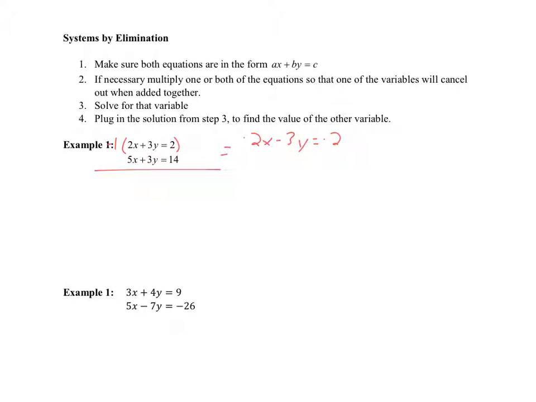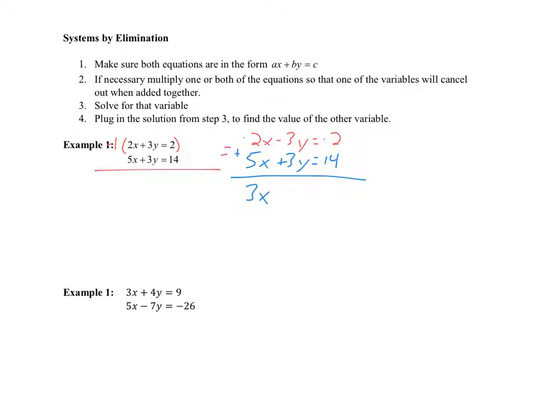The bottom equation is still positive 5x plus 3y equals 14. But notice what happens when I add them. I end up getting 3x with the x's, because -2 and 5 makes 3x. The -3y and the positive 3y cancel.